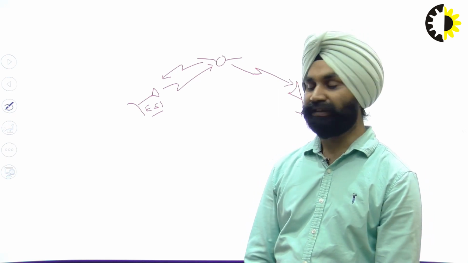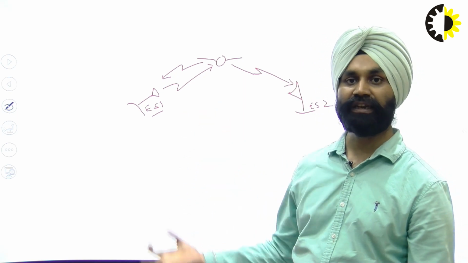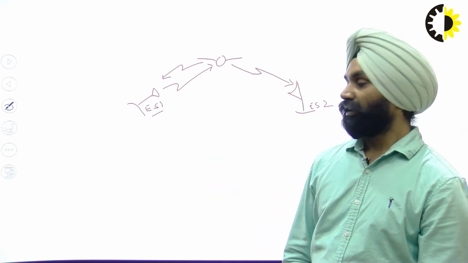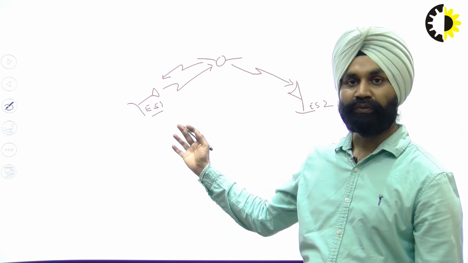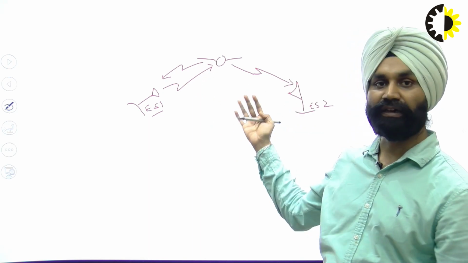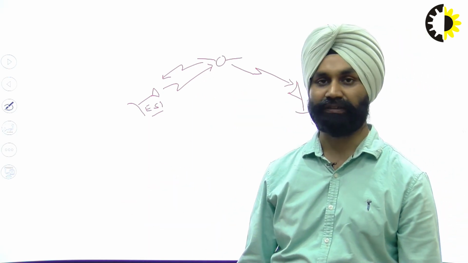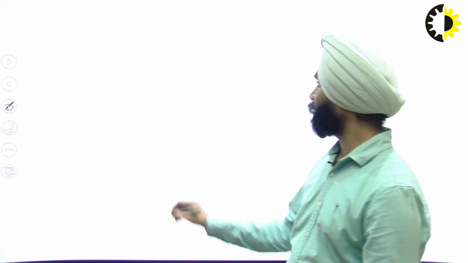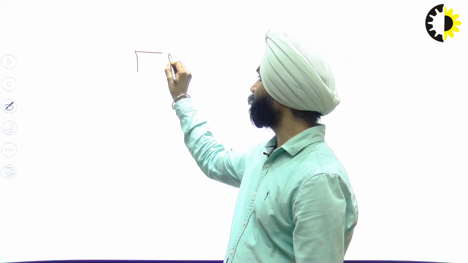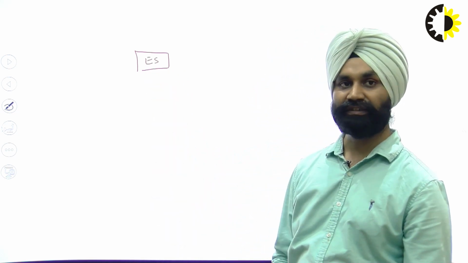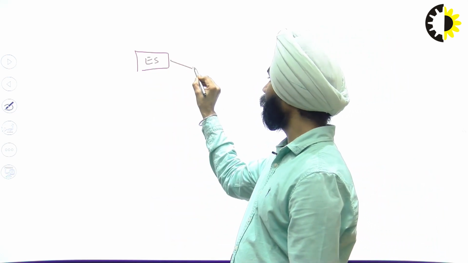So if we see this general satellite communication scenario, we must have an Earth station, a satellite, as well as the receiver Earth station. To draw the block diagram, we must have one Earth station. That Earth station will have an antenna.